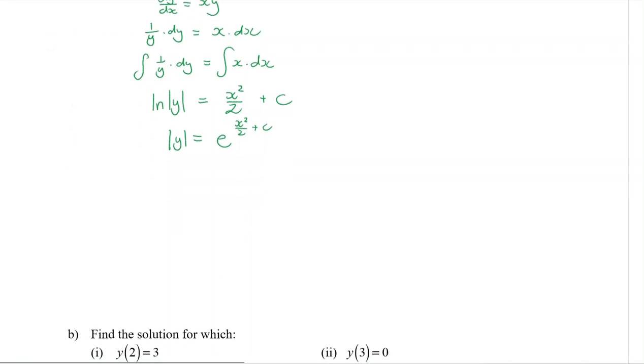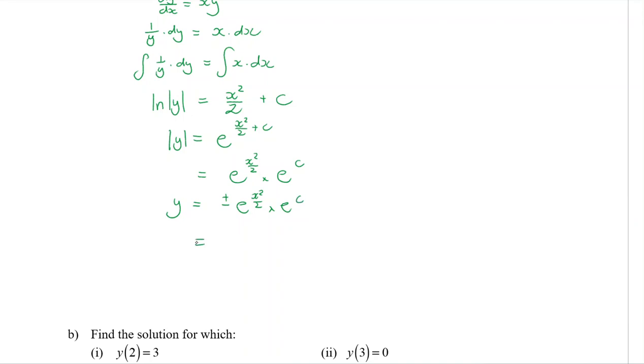Then I am going to do two things. I'm going to split that power to be e to the x squared over 2 times e to the c, splitting the power into the two different terms. And the second thing I'm going to do is get rid of the absolute value signs, which means we get the plus or minus coming across. We would get y equals plus or minus e to the power of x squared over 2 times e to the c.